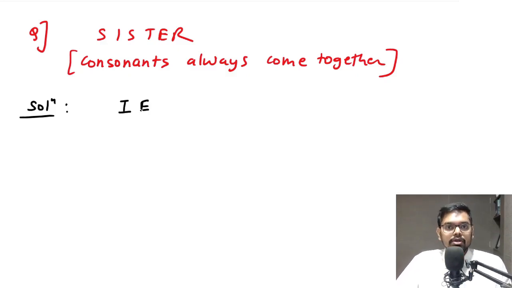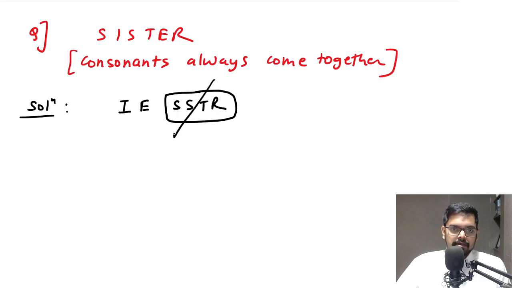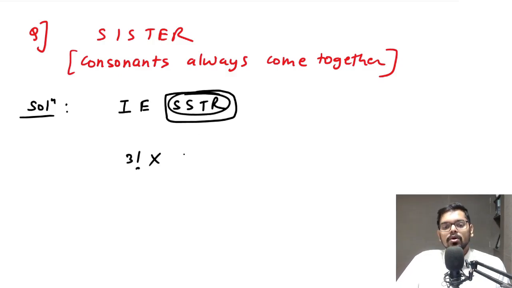But consonants should be always together here. So who are the consonants? S, S, T, R. They should always be together, so make a box. Ask yourself how many players? 1, 2, 3. Three players can be arranged among themselves in 3 factorial ways, and the letters inside this box can be arranged among themselves in 4 factorial ways.